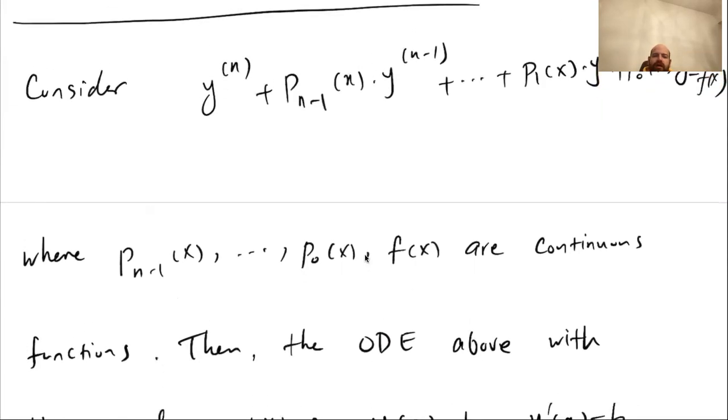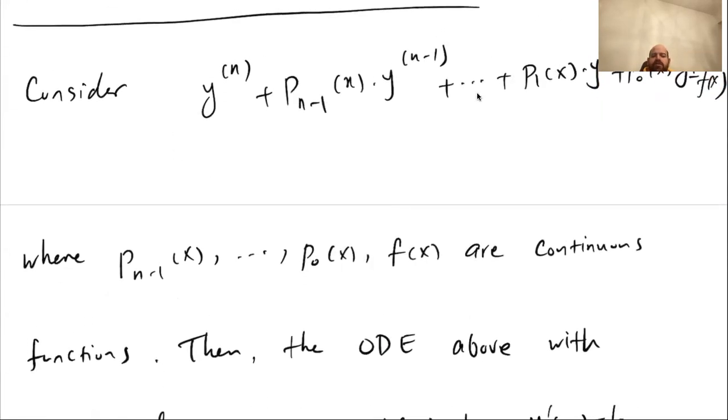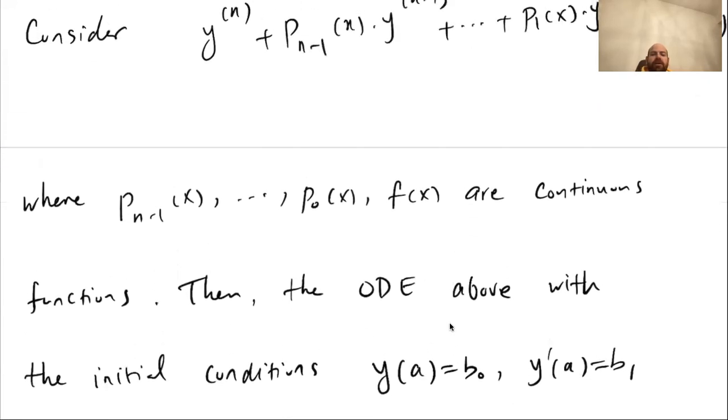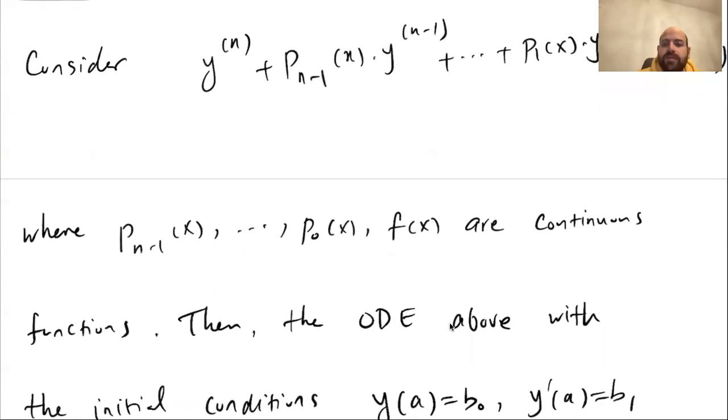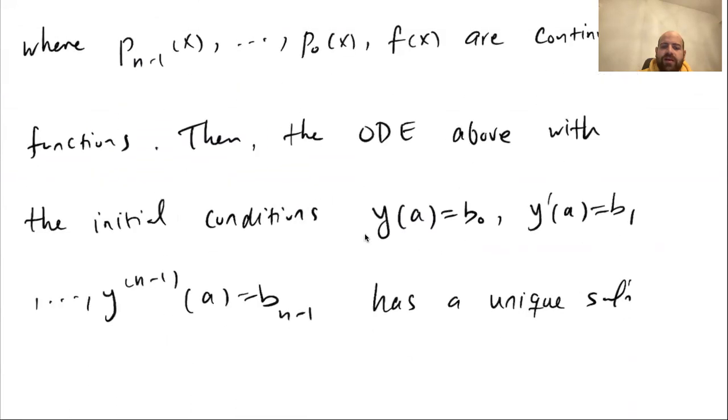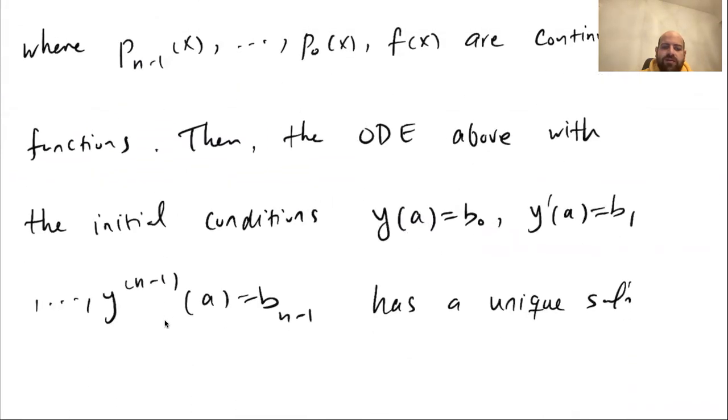So as long as you have a differential equation of this form with n initial conditions, because this differential equation is of order n, we need n initial conditions. This is the first, second, and all the way to the nth initial condition.